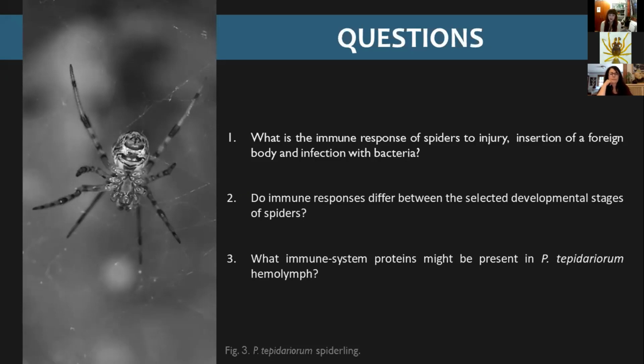The second question is, do immune responses differ between selected developmental stages of spiders? And the third question is, what immune system proteins might be present in the hemolymph of our spider?